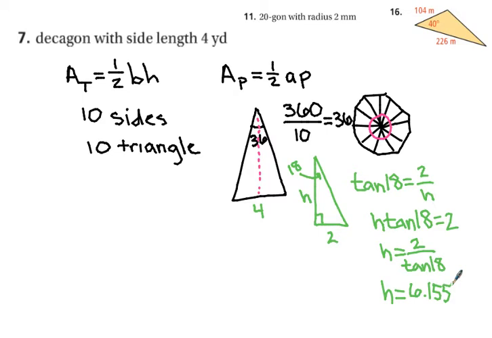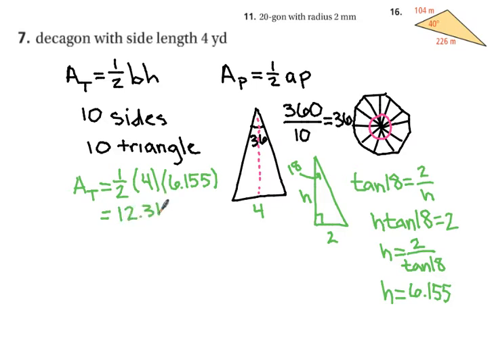Okay. Now I have my area formula for triangles. So I know my area of this triangle is going to equal 1/2 our base, which our base we knew was 4, that was given to us from the beginning, times our height, which we just found as 6.155. And when we type this into our calculator, we'll see that this tells us we have an area of the triangle of 12.31.